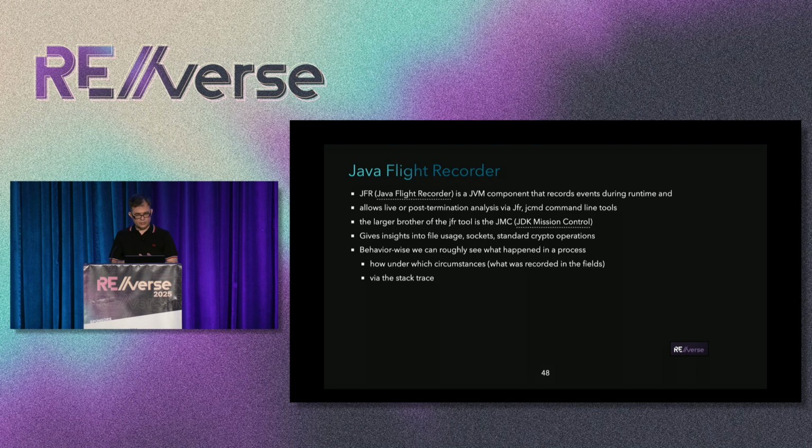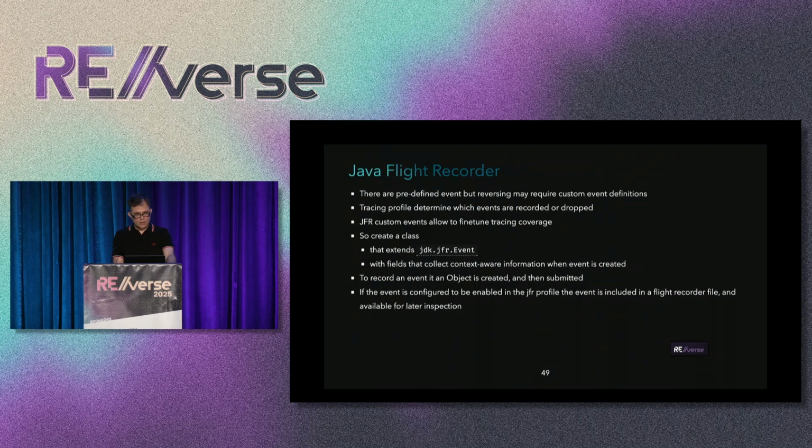The larger brother of the JFR tool is JDK Mission Control, which has nice heat maps and all this kind of things. It gives insights into file usage, sockets, standard crypto operations. Behavior-wise, we can roughly see what happened in the process, under which circumstances, what was recorded in fields, and we see the stack traces.